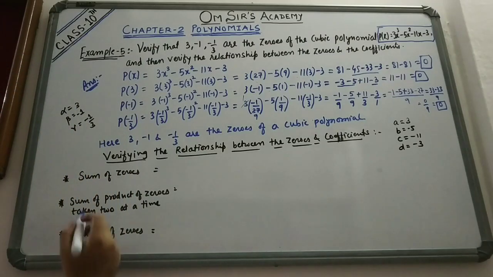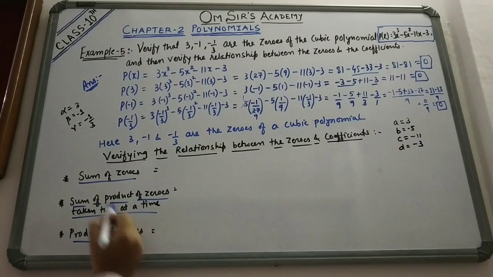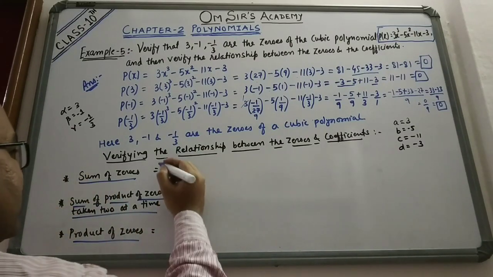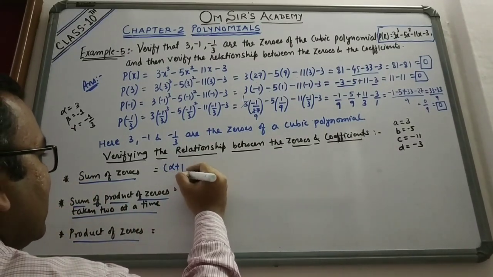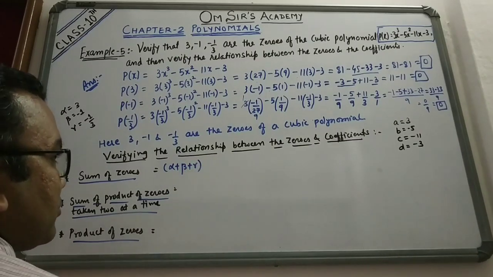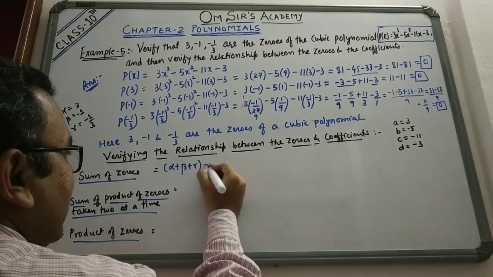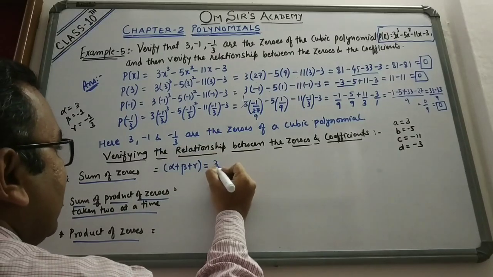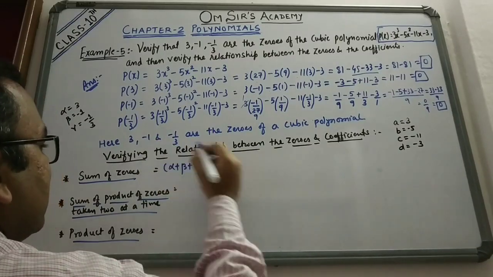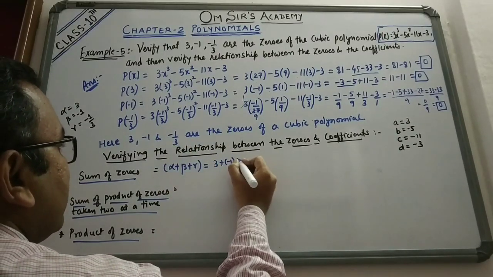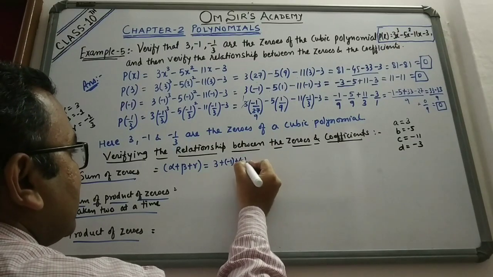Now friends, the first part is the sum of zeros. So the sum of zeros is what? Alpha plus beta plus gamma. Is it clear, friends? So that should be equal to what? Alpha is what? 3 plus beta is what? Minus 1 plus gamma is what? Minus 1 upon 3.